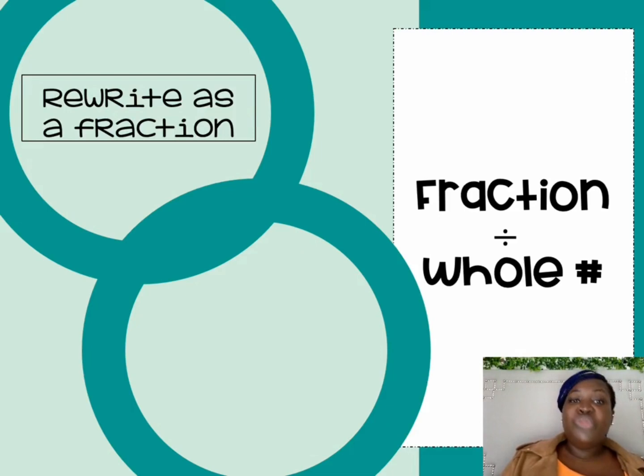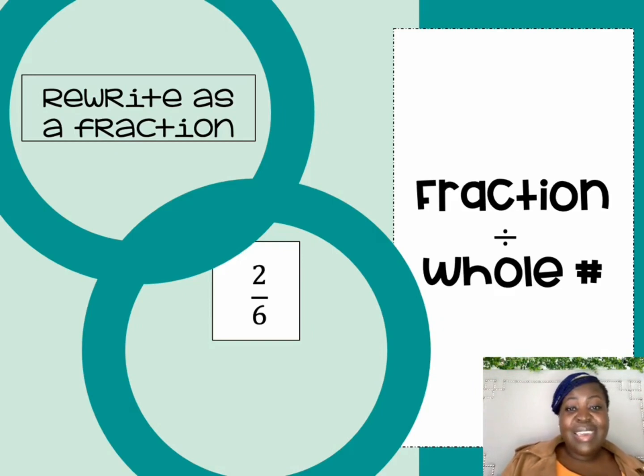And you are going to rewrite them as your fraction, not your denominator. You're rewriting your numerators as a fraction. You have 2 in your numerator, and then you have 6 in your denominator because you read it from left to right.